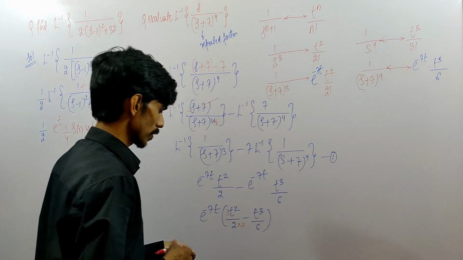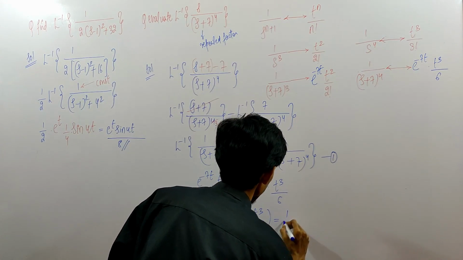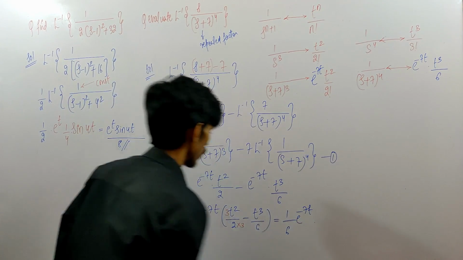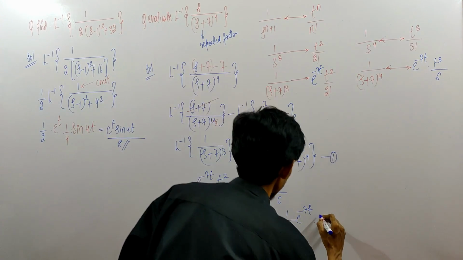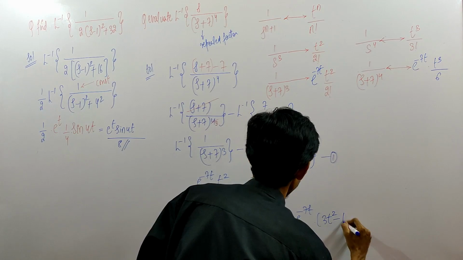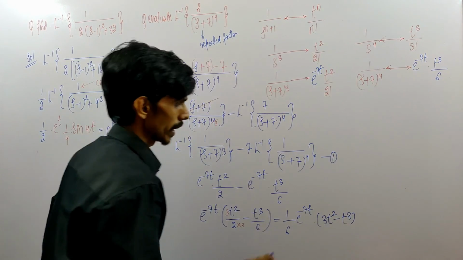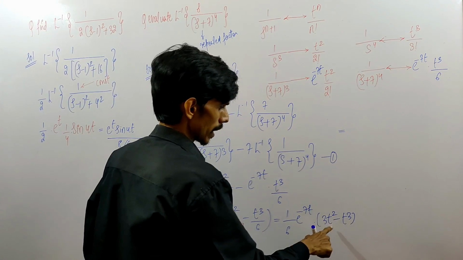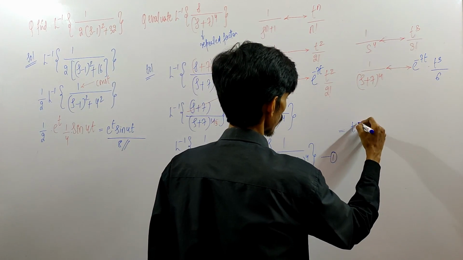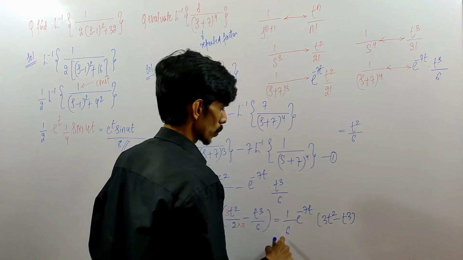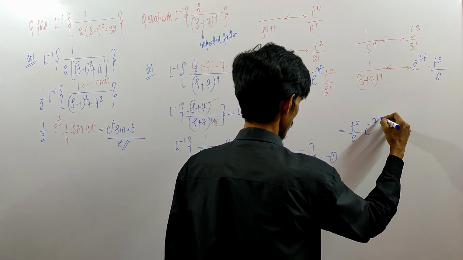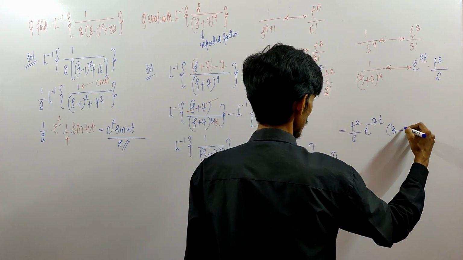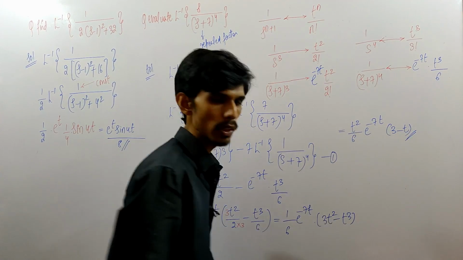Taking 1 by 6 common, we have 1 by 6 into e power of minus 7t into 3t square minus 7t cube. Taking t square common, we get t square by 6 e power of minus 7t into (3 minus 7t). This is the solution of this question.